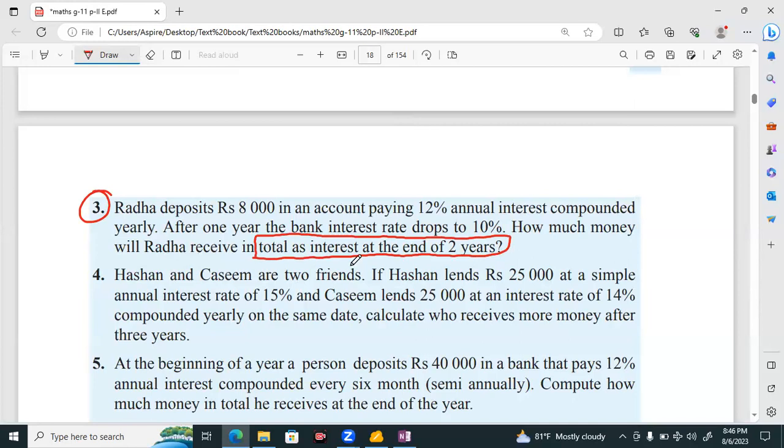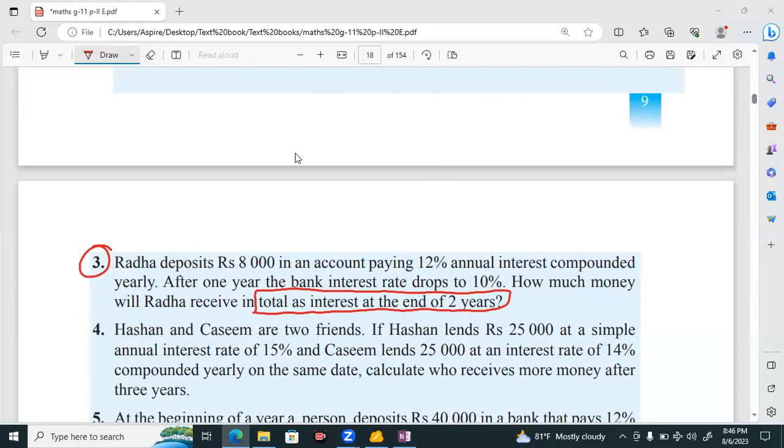Then how do we calculate? 8,000 into 12 over 100 plus. First of all, let's see 8,000. This is the interest for the first year. 12 into 8 is 96, so this is the interest for the first year.